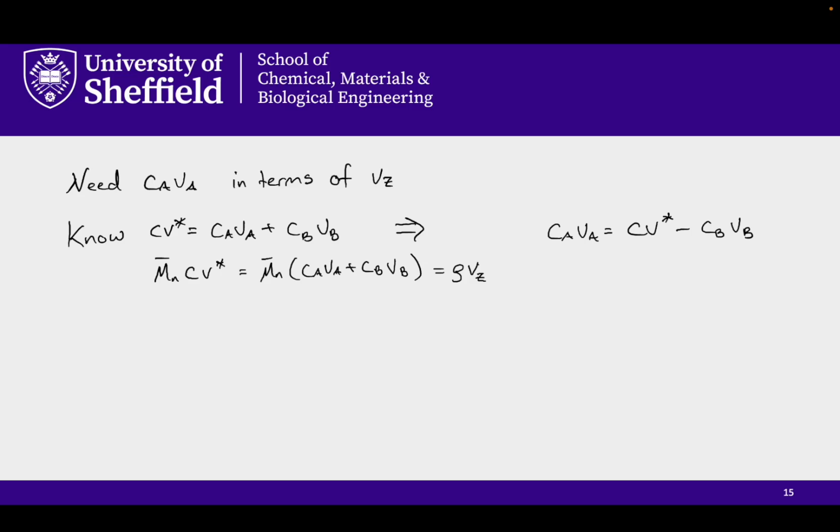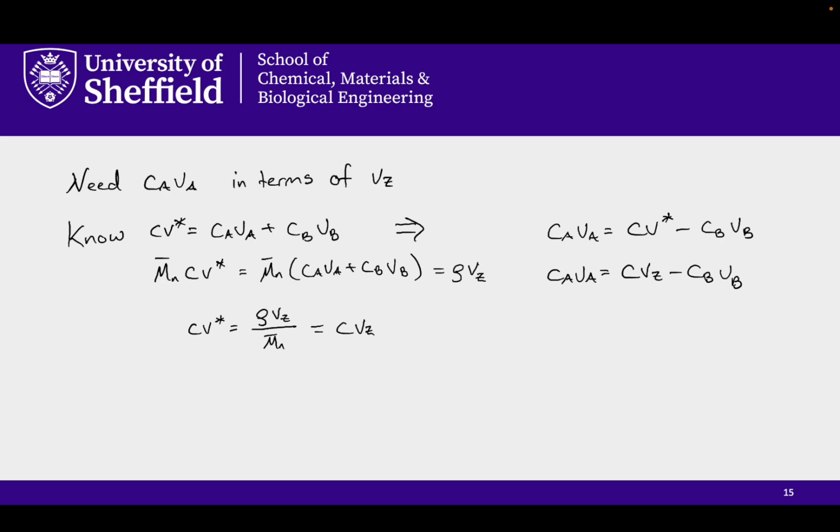So we have a relationship between V star and V_z. And we see that it's given by this relationship between rho and the total average molecular weight. And that quotient is actually the total concentration of the system. So for this problem, C V star equals C V_z.